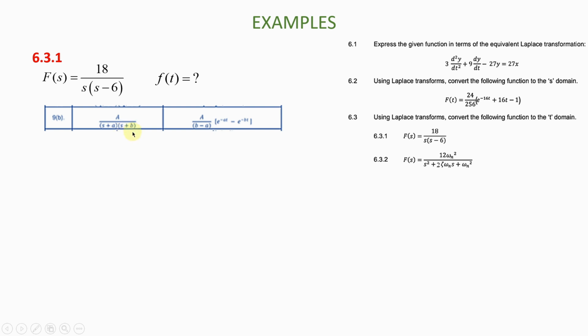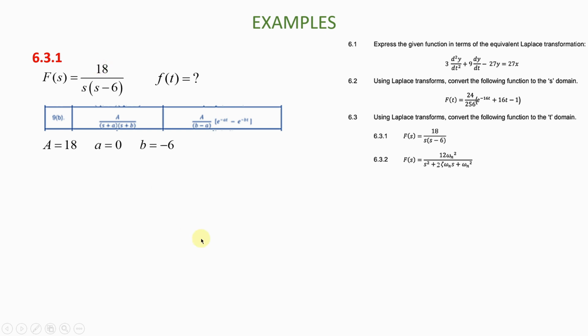Now, at first glance, you may say, oh, but this doesn't look like that. But the truth is, if you make small a equal to 0, then of course what will remain here is s, okay? And s plus b, if you want it to be s minus 6, then b must be minus 6. And capital A therefore is 18, okay?